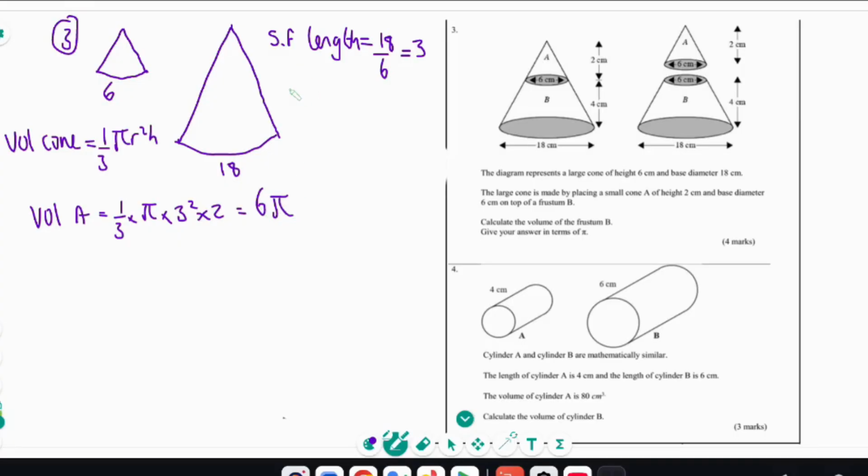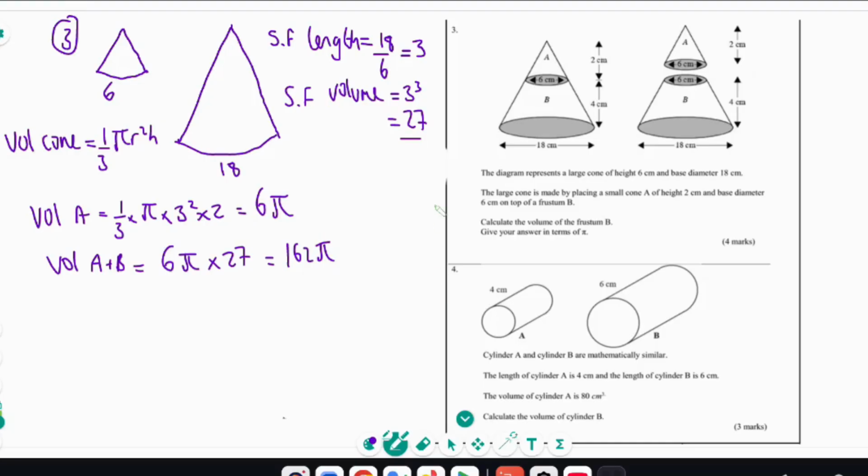We've got the scale factor for length. Let's cube the scale factor for length to get the scale factor for volume: 27. And so the volume of the big cone, I'm just going to call it A plus B, would be 6 pi times 27, which is 162 pi.